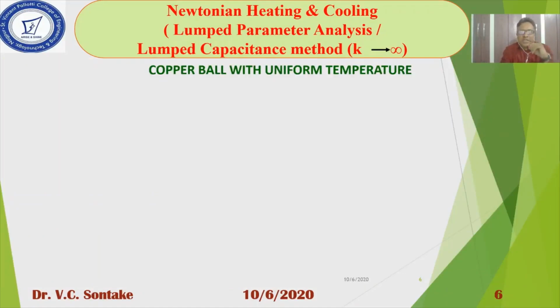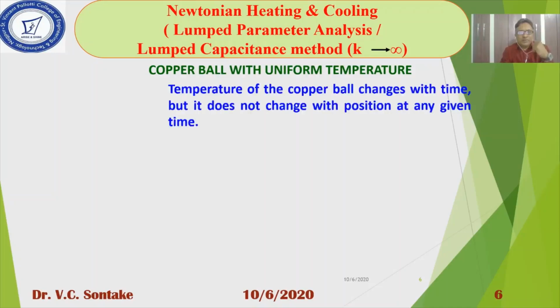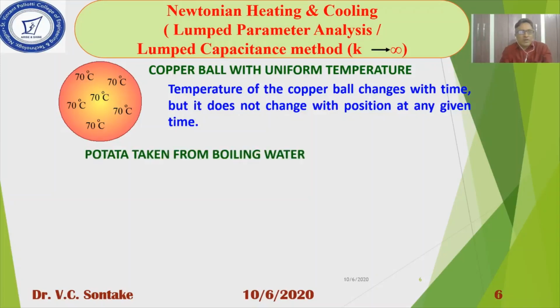Now, in order to understand what we mean by lump, consider a copper ball with uniform temperature. So, this is a copper ball having its surface temperature 70 degrees Celsius everywhere. So, it can be treated as a lump. Another example, consider a potato taken from boiling water.